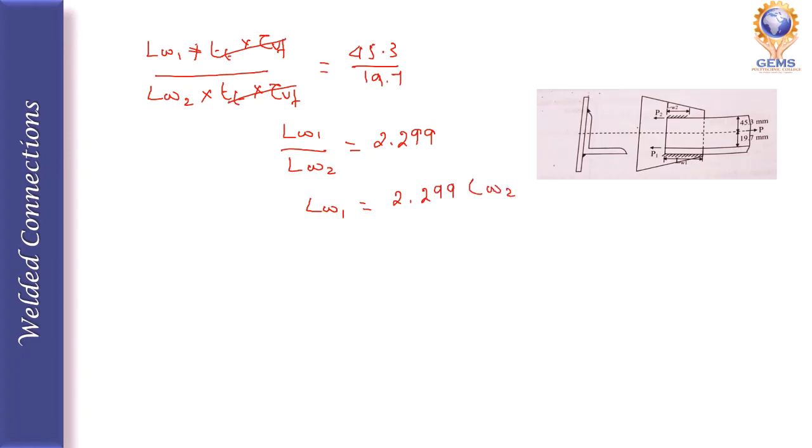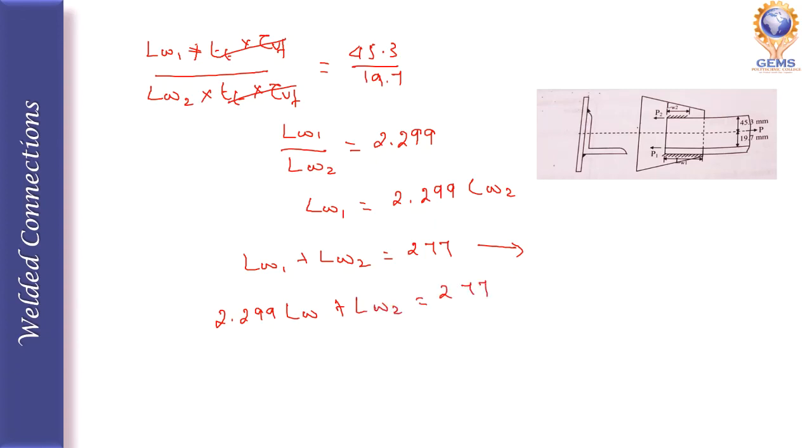If you substitute the LW1 value in the equation, 2.299 L2 plus L2 is equal to 277.